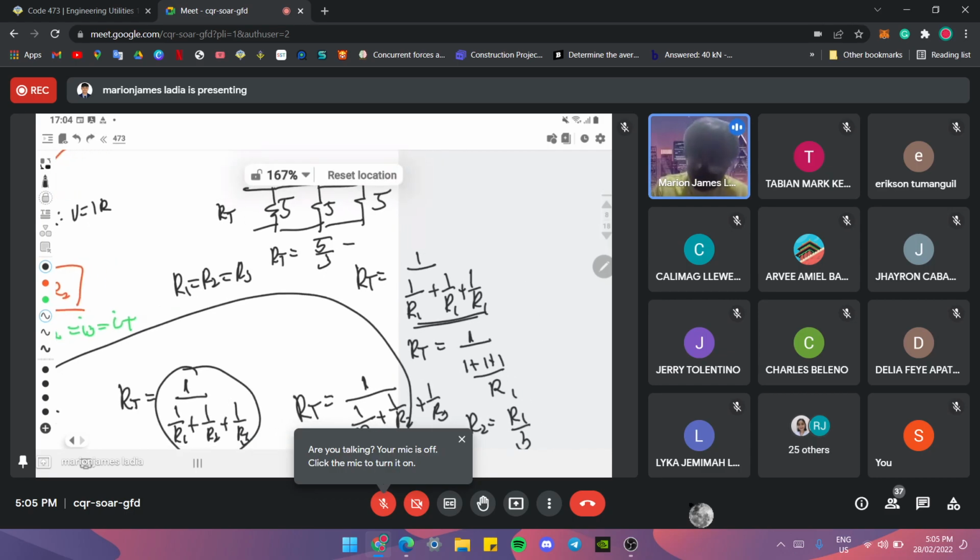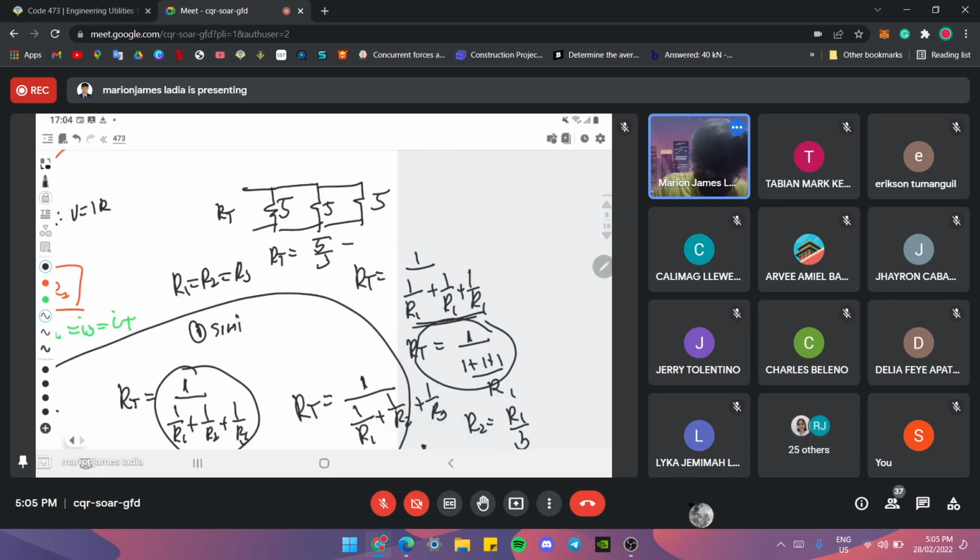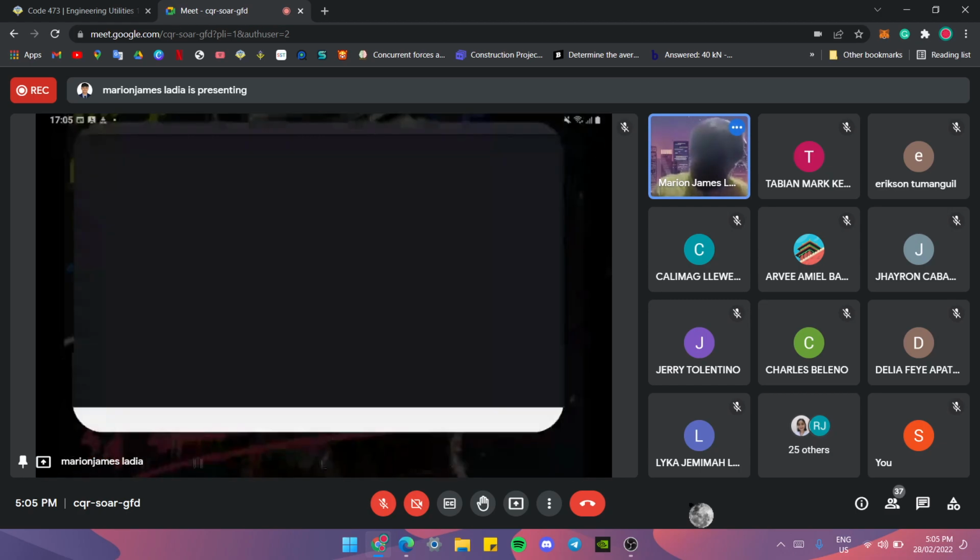Kasi nga, nakuha naman natin dito, di ba? So, at similar resistor, R total is equal to, parallel connection ha, R over N. So, papatunayan ko sa inyo na 5/3 dyan. So, gamitin natin yung calculator natin.